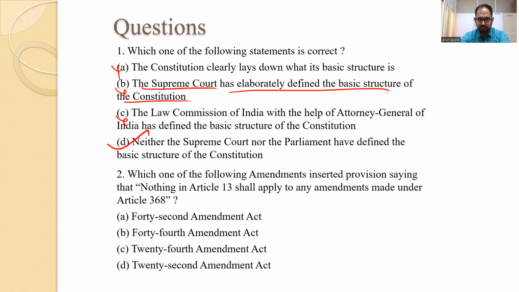This is the amendment, the 24th Amendment Act, which says that nothing in Article 13 shall apply to any amendments made under Article 368. That is amending both Article 13 and 368, making 368 over Article 13 permanently. This was in response to the Golaknath case. Okay? So this was all about the basic structure doctrine, a very important chapter, and mostly the cases and the amendments.